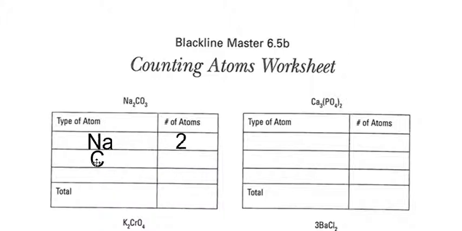And of course, if we look there, we just have 1. And then oxygens there, the last one. And of course, there's a 3 after it, so that means we have 3 oxygens. So in total, 2 plus 1 plus 3, total of 6 atoms in a sodium carbonate.